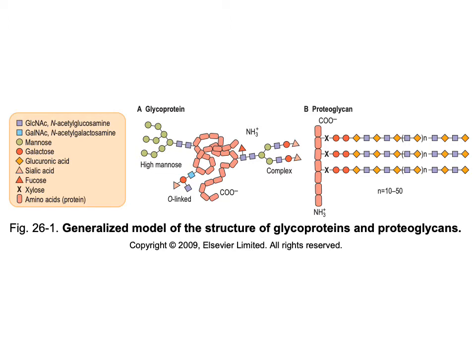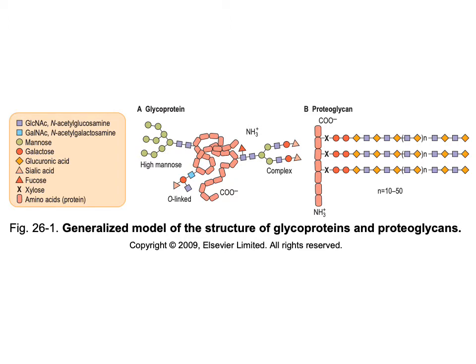Now, in the middle is a schematic of a glycoprotein. So generally these are globular proteins, can be enzymes, can be structural proteins that have some of these different carbohydrate complexes attached to them. On the right is a schematic of a proteoglycan.